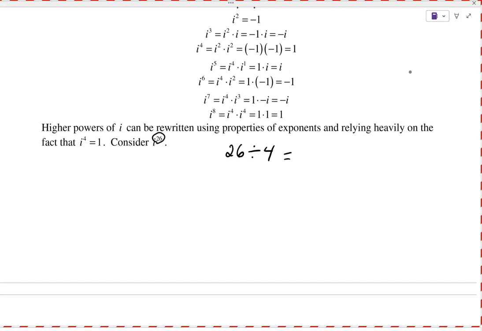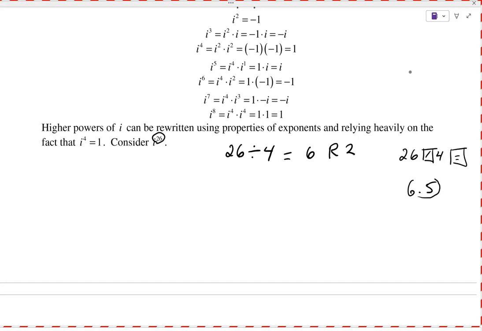When you divide 26 by 4, you should get a 6 with a remainder of 2. Now, how do I know that quickly? Type it into your calculator. If you do 26 divided by 4 in your calculator, what do you get? You get 6.5, right?